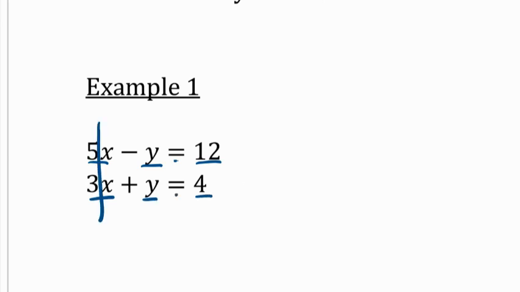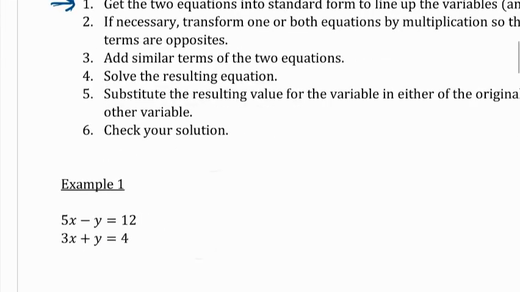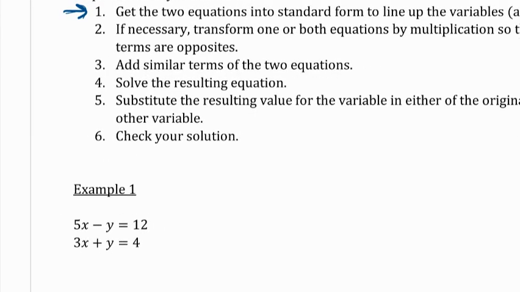So my x variables are lined up, my y variables are lined up, my equal signs are lined up, and then my constants are lined up. Okay, so you want your setup to look like that, in the same form and lined up.